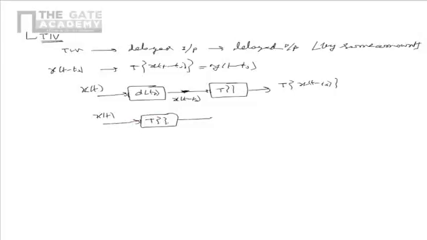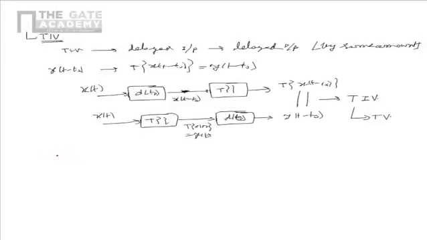The output would be the transformation of x of t, which is equal to y of t. Now delay this output by t naught to get y of t minus t naught. If these two outputs are equal, then the system is time invariant. Otherwise, the system is time variant.